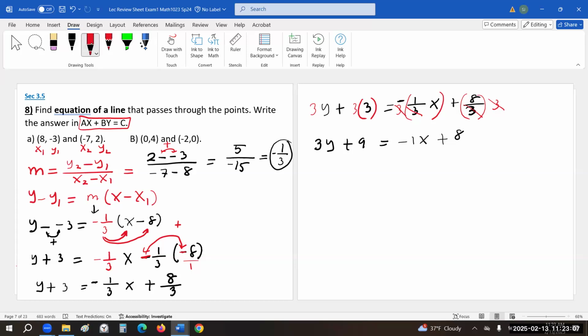If you want to bring x and y together, we add the x to both sides, right? So they cancel out. We get x plus 3y plus 9 equals 8. But we don't want the 9 next to the x and y. So what do you do? Subtract.